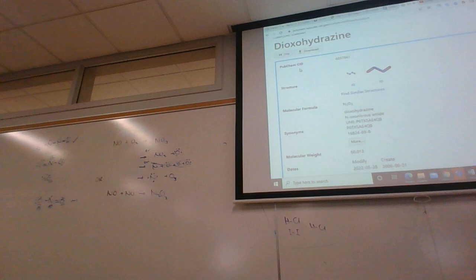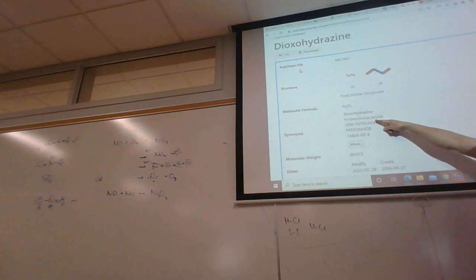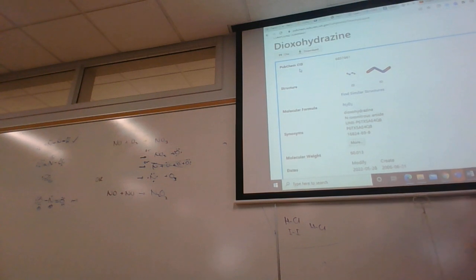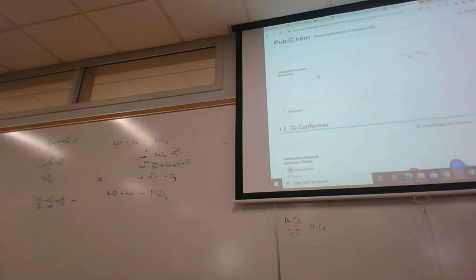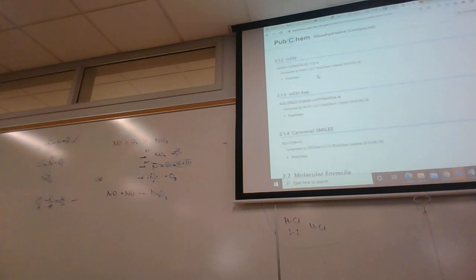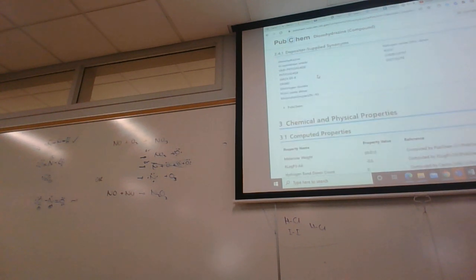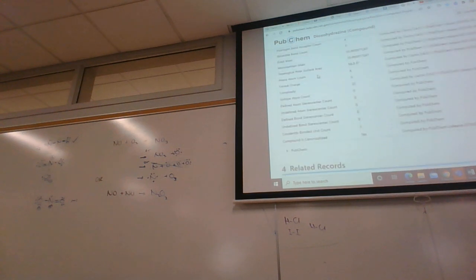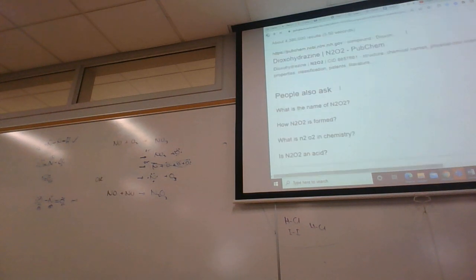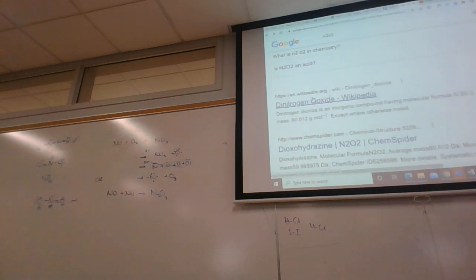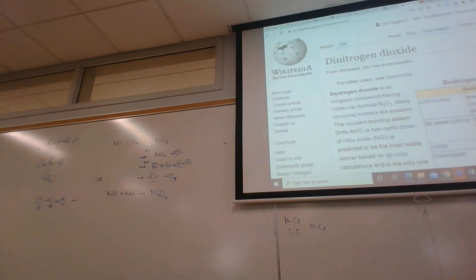It has a weird name, dioxohydrazine. That's one. Or N-oxonitrous amide is another. But, you know, there are other names for it. Structure, description, molecular weight, etc. Dinitrogen dioxide even has its own Wikipedia page.